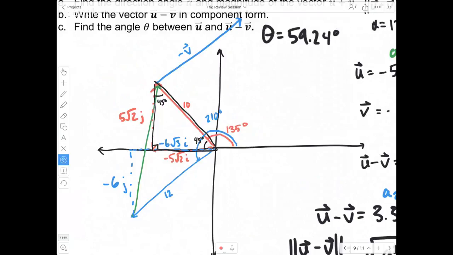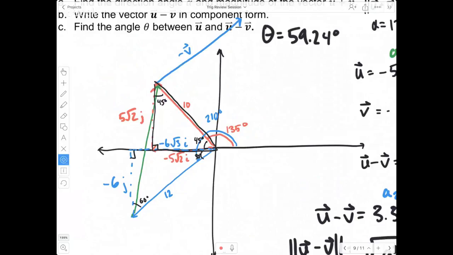And then 210 degrees takes me 30 degrees past 180. So this is a 30, 60, 90 triangle. And so that means if this is 12, then this base is half the hypotenuse, and this is 6 root 3, base times root 3. Hopefully that helps, Moose.